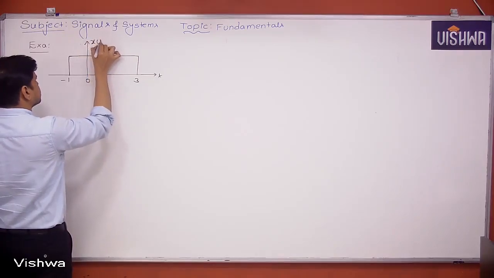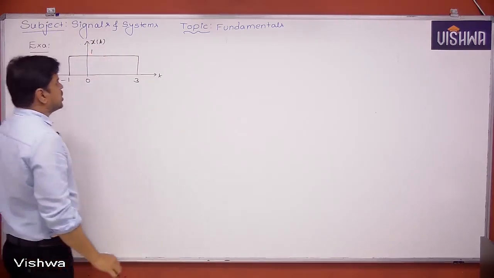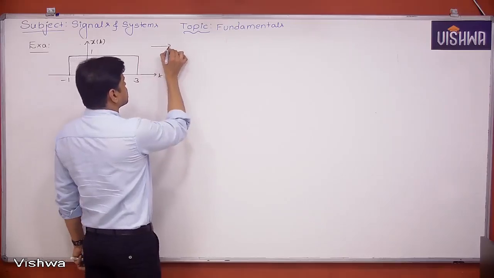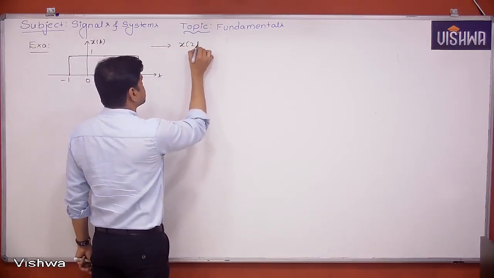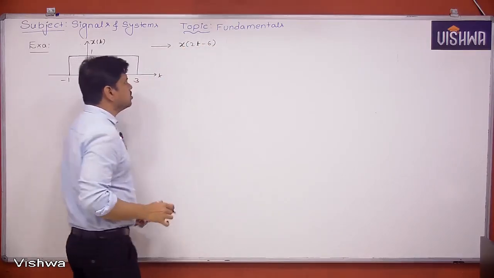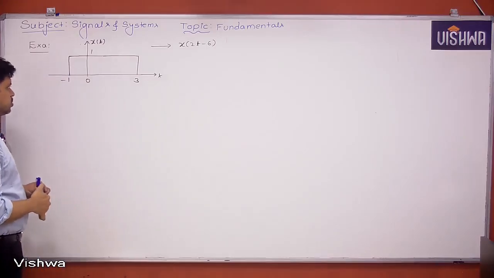This is x of t. They want to find out from this x of, let's say, 2t minus 6. They want to find out how we can do that.